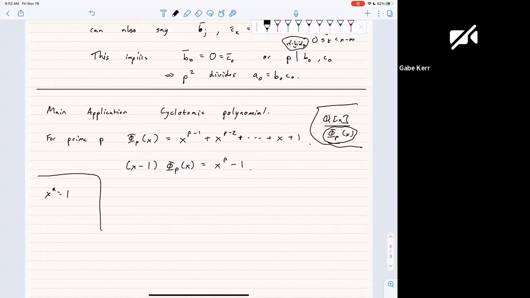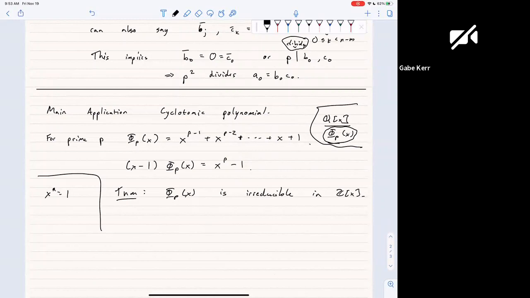But why is this irreducible? So, theorem: this is irreducible in Z[x]. Well, we know that this is a primitive integer polynomial, and so we just need to show it's irreducible in Q[x].